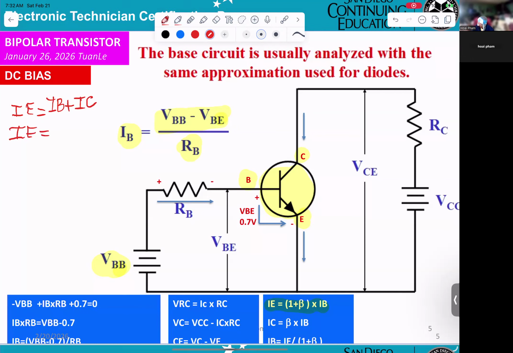IE right here equals 1 plus beta times IB. And if you want IC, beta times IB.